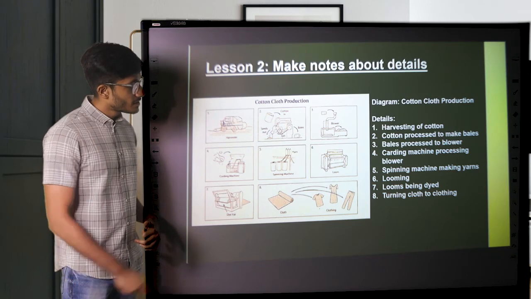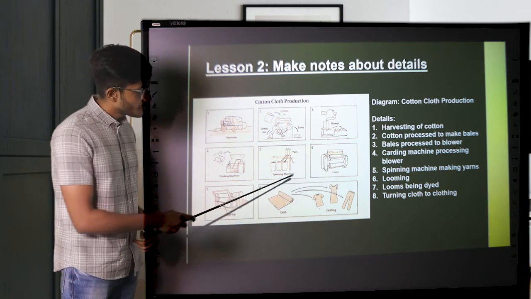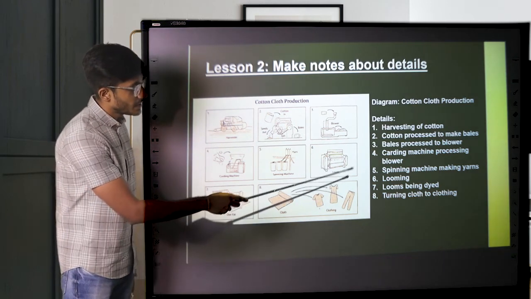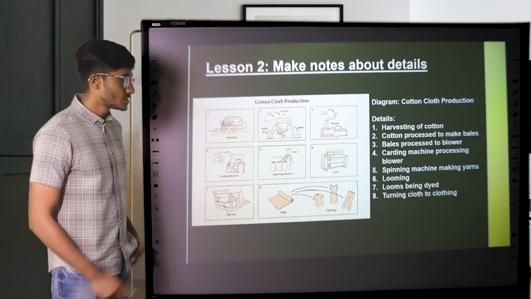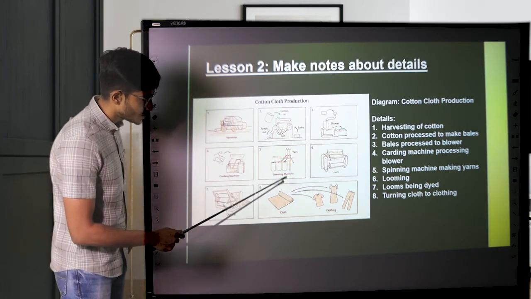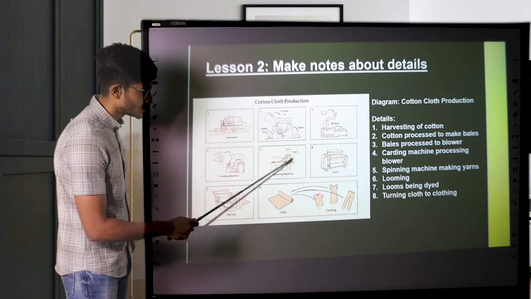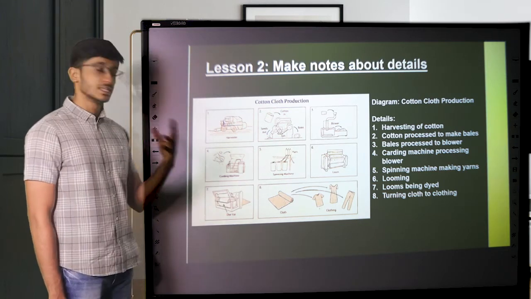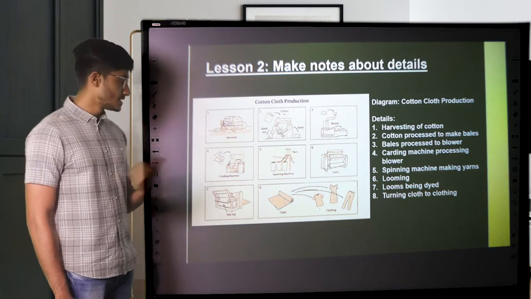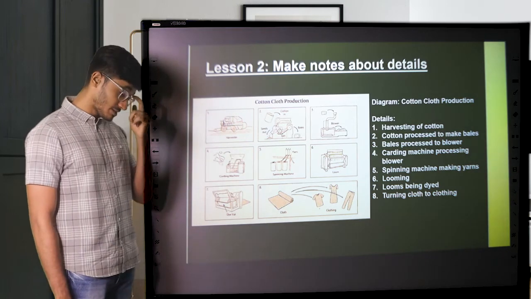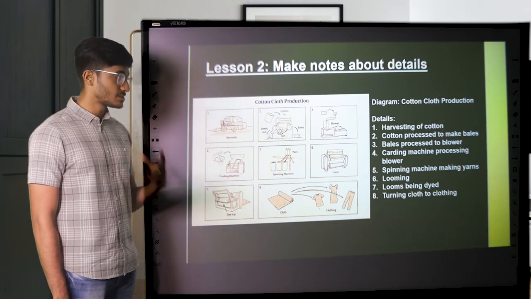Then we have the fifth picture, which is the spinning machine making yarns. Here it says spinning machine, and you can see the end product, which is the yarn. So we know that the spinning machines spin the processed blowers, and then it's turned into yarns.